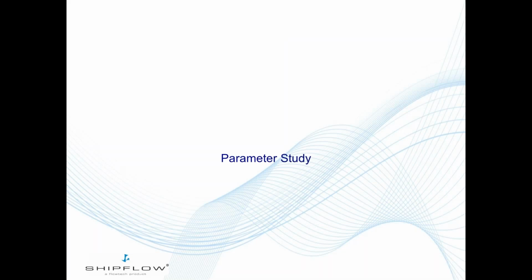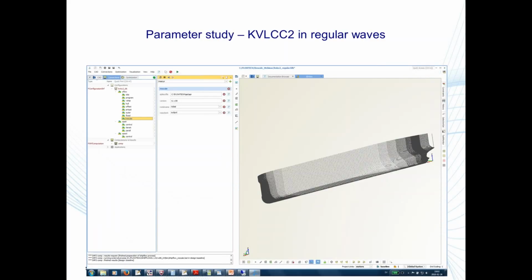So now I want to show a little bit more advanced way of using the SHIPFLOW GUI and running it on Rescale's cluster. So I will show a parameter study. This parameter study is a tanker KVLCC2 running in regular waves.